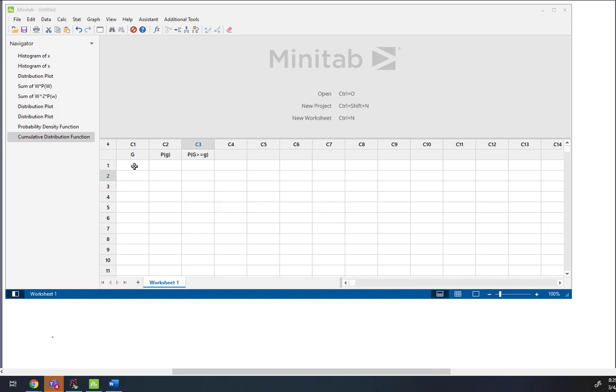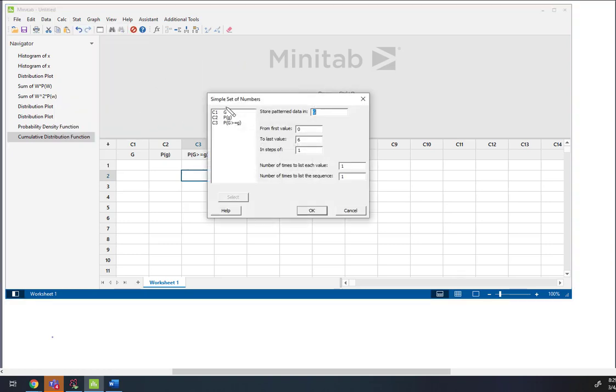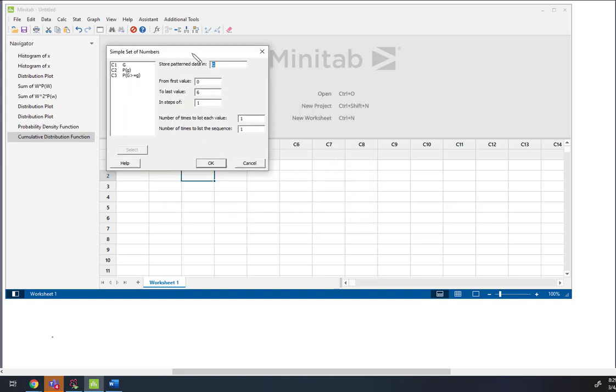How many green pods could we have if we look at 6 pea plants? Well, we could have 0 through 6. So let's put those numbers in, not by typing, but by going to Calc, Make Patterned Data, Simple Set of Numbers, and we'll fill out the required menu here.